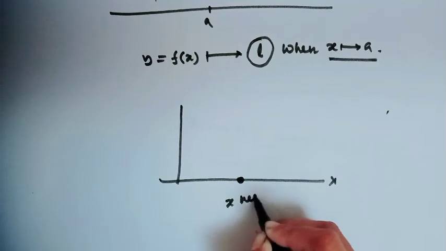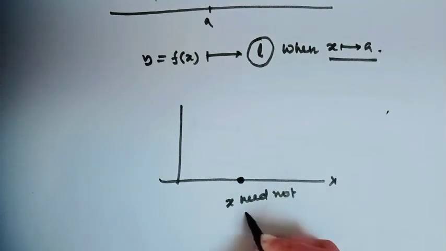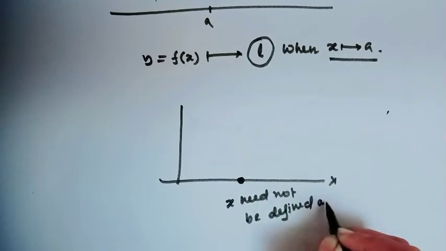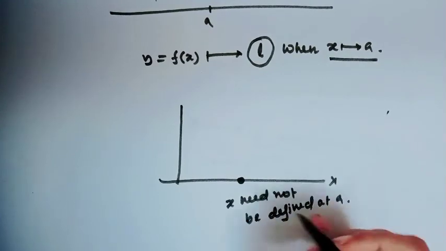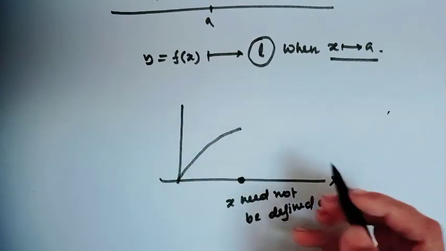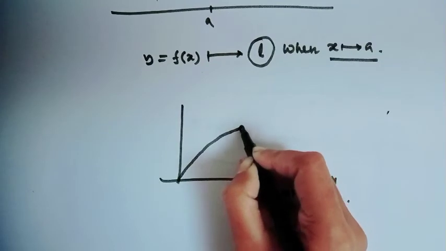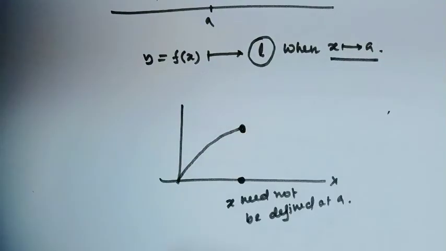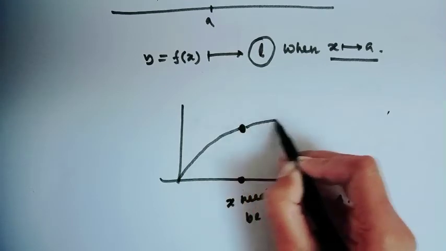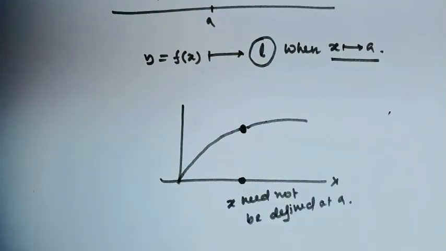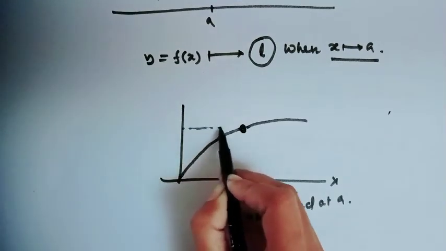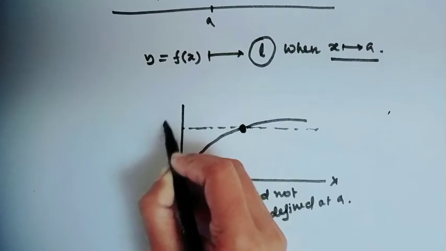Since f need not be defined at a, the value of the function does not exist at the point a. This is the graph of f(x), and this is the limit L.